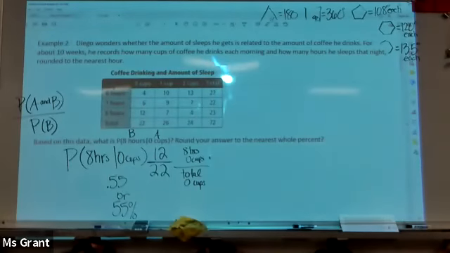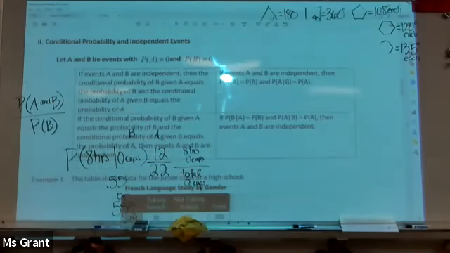Okay. Here we go. I'm moving on. We have 2 more examples to do. I'm teaching you another little concept, something about independent and dependent. So let's discuss that.